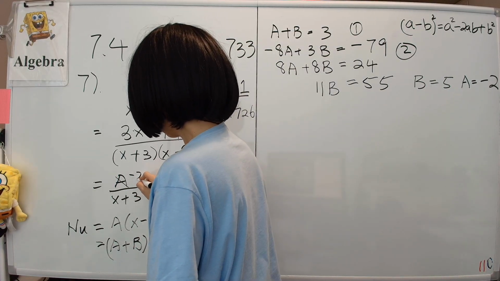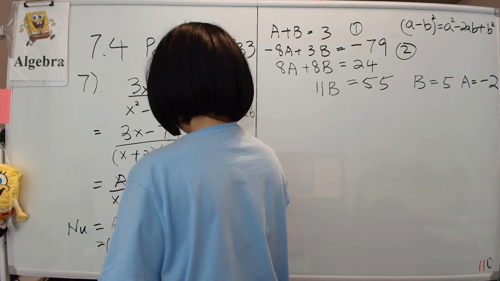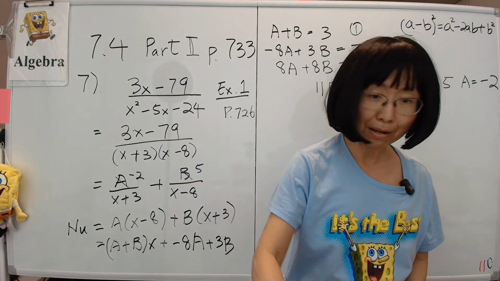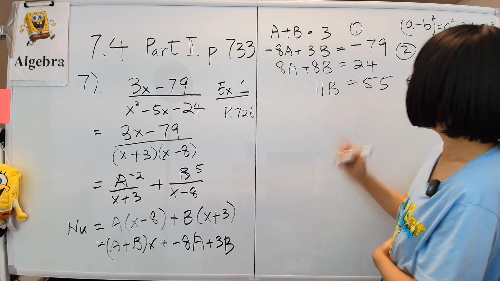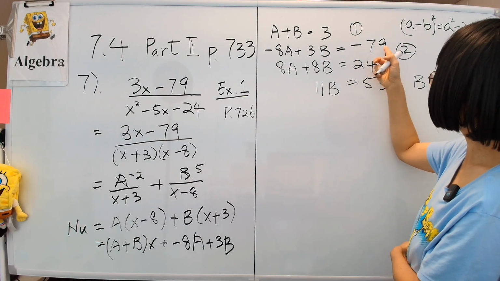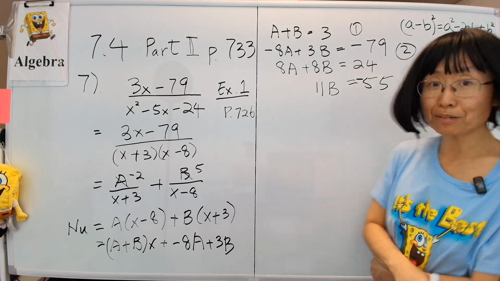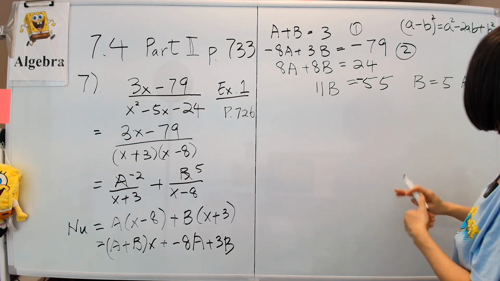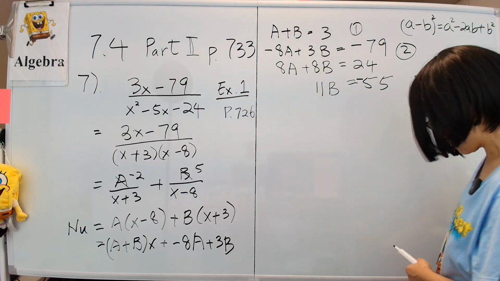So a is minus 2, and b equals, what was b? 5? Yeah, that should be the answer to our problem. Let me check. Well, my answer is wrong. Why? Because minus 79 plus 24, there's a minus here that I'm dropping again. Why am I always doing this? Anyway, that has to be fixed.